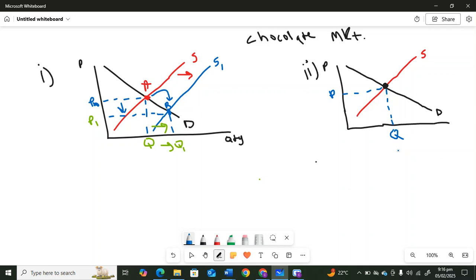Doctors have told you. Think of it like this: there's only one chocolate in Zambia being sold, and doctors say that if you eat it, you get cancer. What are you going to do as a consumer? Who buys that chocolate?